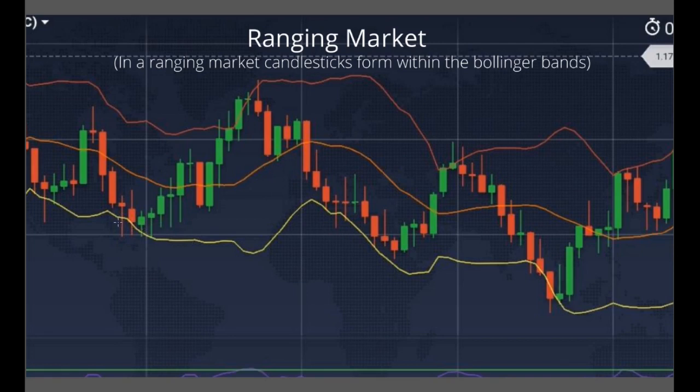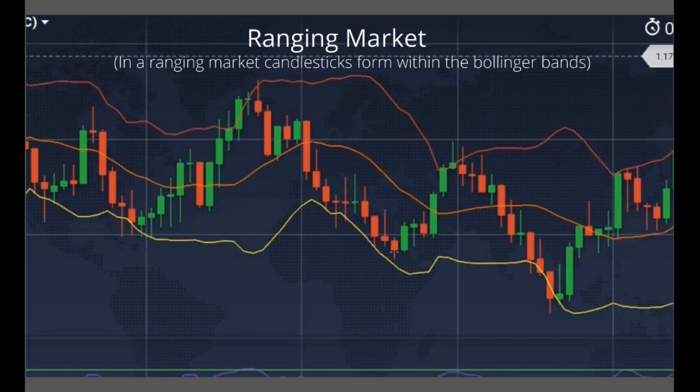So you can see the price came down at this level, and it could not close outside the Bollinger Band. It went up, it tried, and there was a close outside the Bollinger Band, but almost immediately the price retraced and went back into the Bollinger Band.